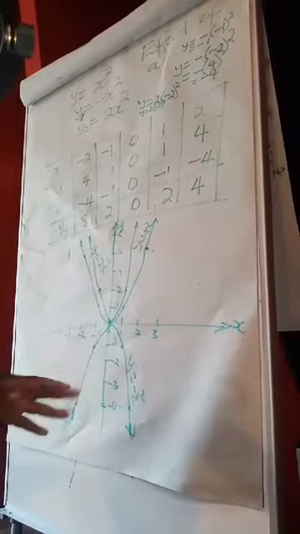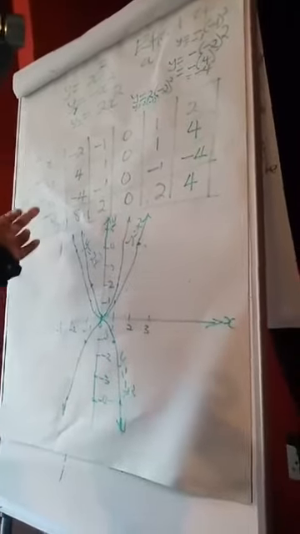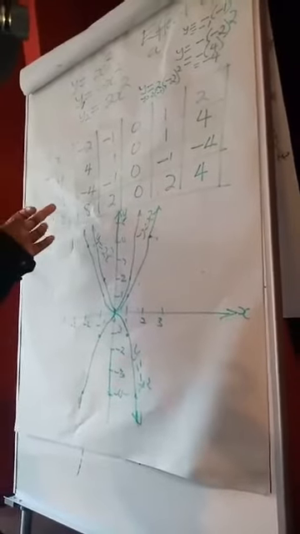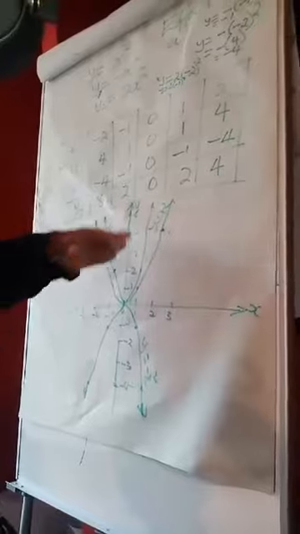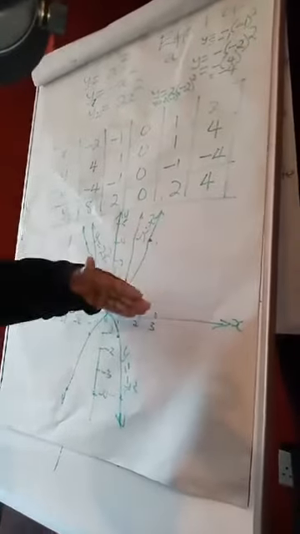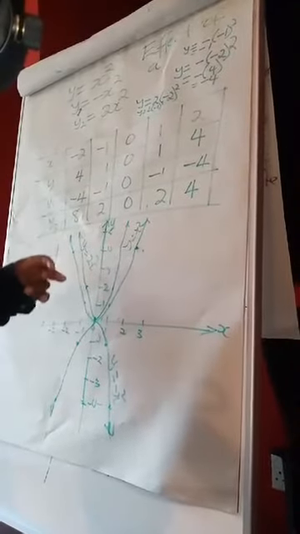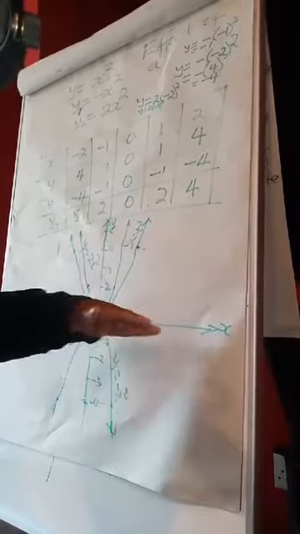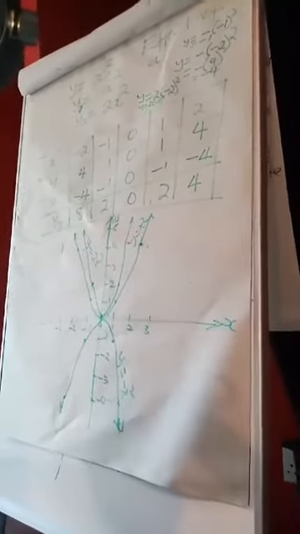So what is happening here? From the mother graph, you see that the graph of y is equal to minus x squared is a reflection of the mother graph on the x-axis, or the line y is equal to 0. To get y is equal to minus x squared, just reflect the mother graph on the x-axis.